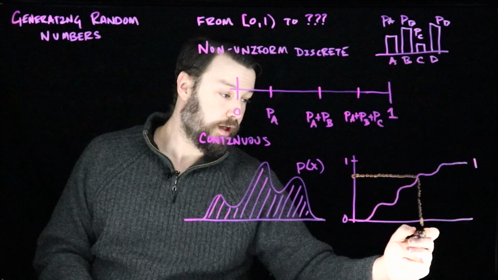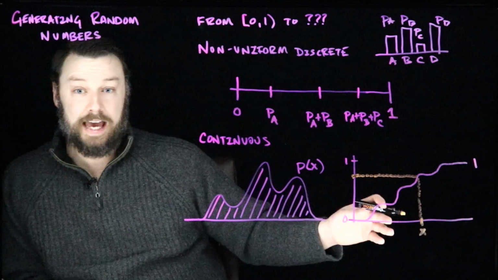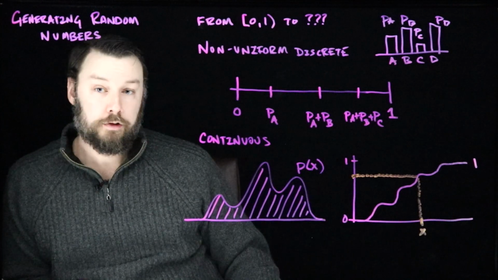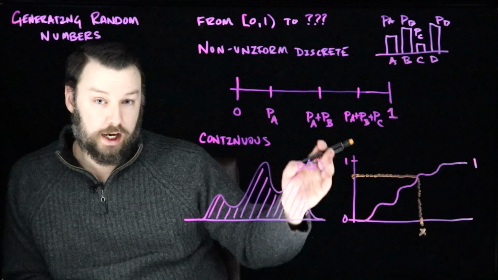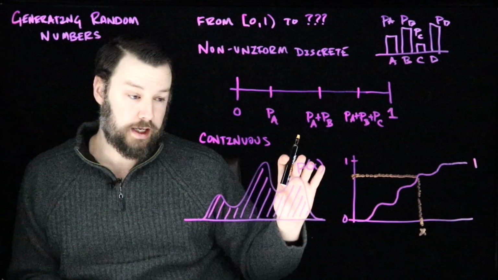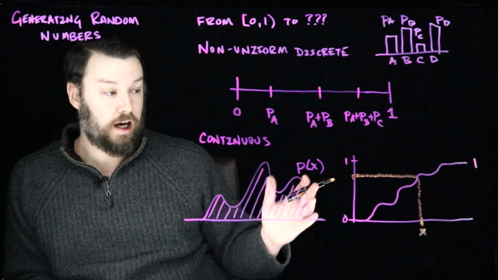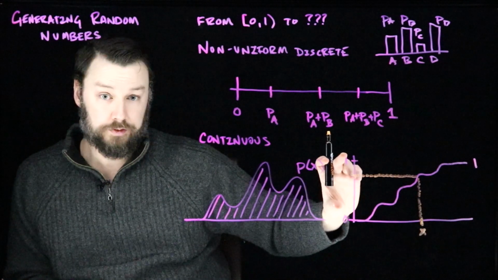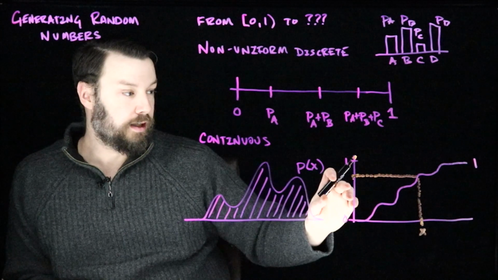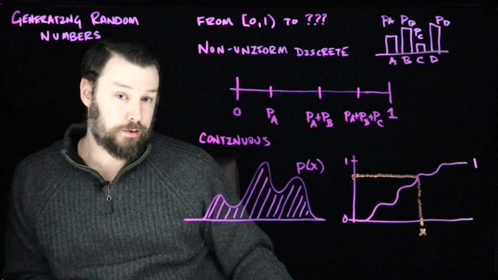And that gives us some value. And that value is a draw from that distribution. So saying that again, this y-axis is representing the area underneath this curve. I want to sample uniformly from it, and I can do that with this function between 0 and 1, and I'm just asking the question, where does it intersect that CDF?